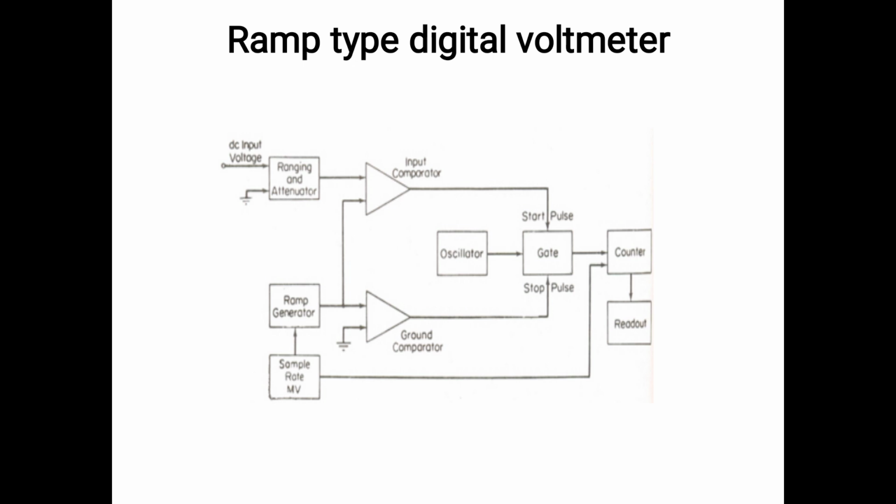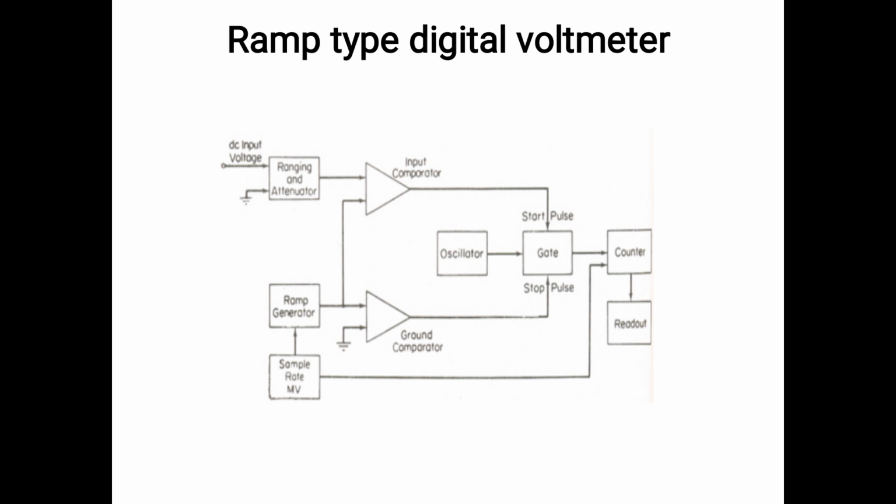It counts until the ground comparator gives a high signal. When the ramp reaches the 0 level, as we know the ground comparator compares the level, if it is 0 it will produce a high signal.